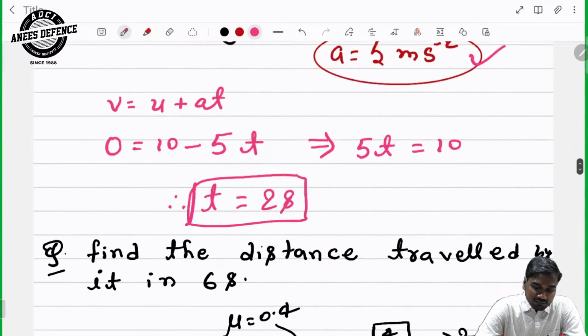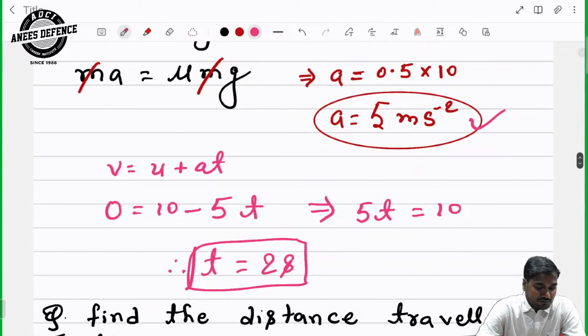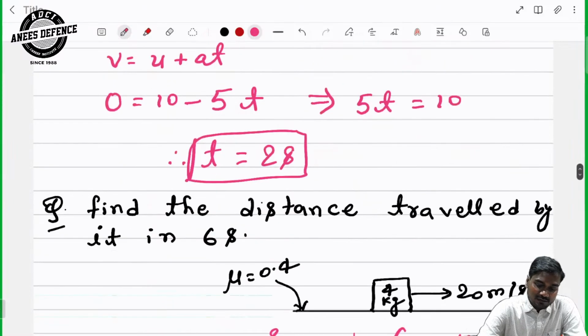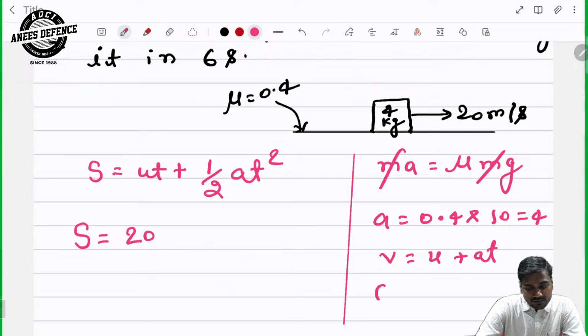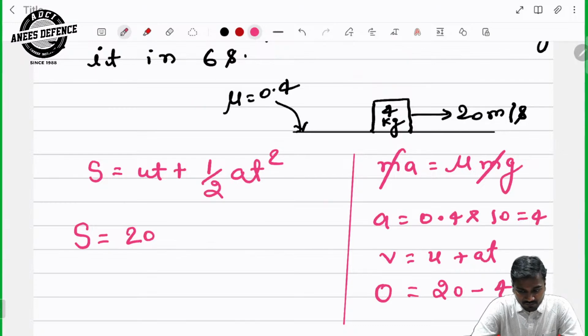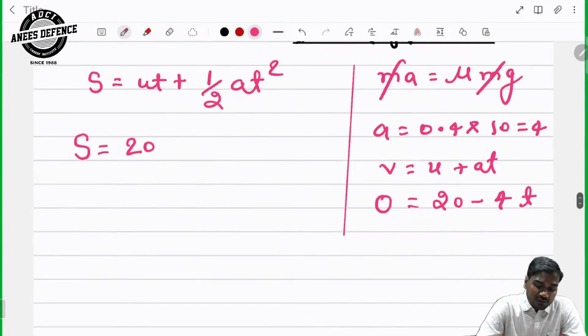So when you calculate time, what formula will you use? v is equal to u plus at. Final velocity is 0, initial velocity 20 minus a, how much? 4 into t. So what are you getting?